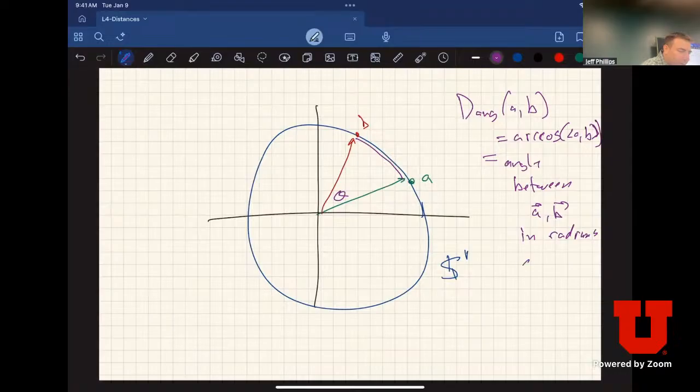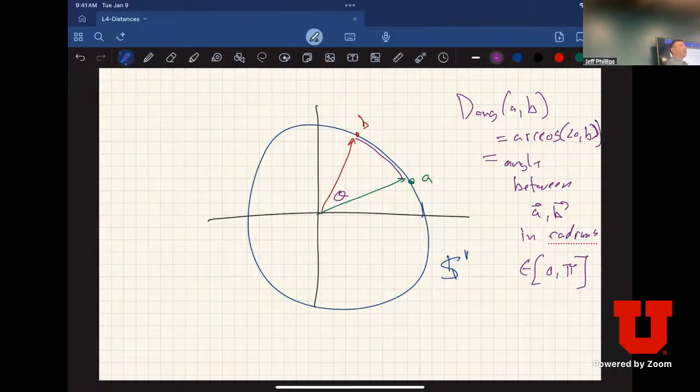So this will be a value between 0 and pi. 2 pi is all the way around the circle, but I can always go the shorter direction, and that's at most pi.